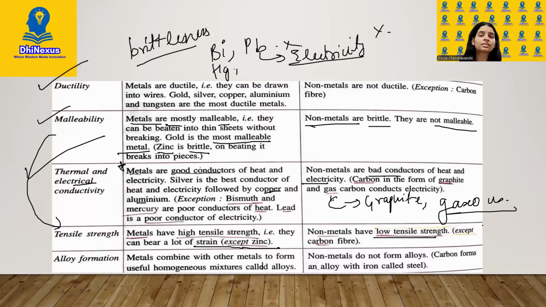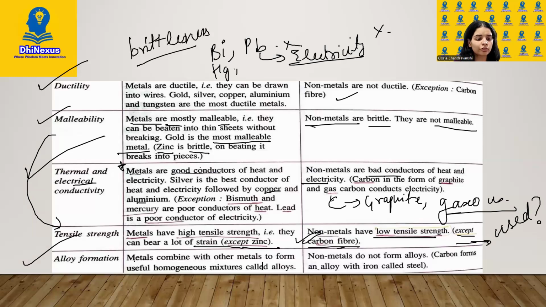Non-metals have low tensile strength. They will break or they will bend when we try to put a lot of load on them. The exception being carbon fiber. Again, this means that it must have some connection. Where is carbon fiber used? See its application.